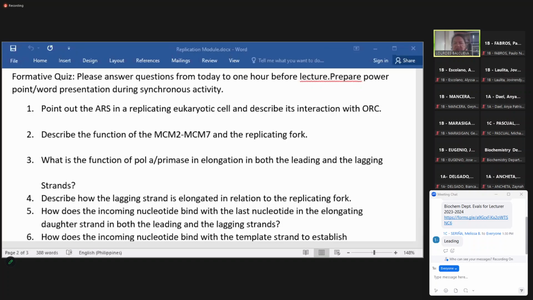So it has to be bound to CDC6 and CDT1. These two are called the pre-initiation complex. Once your MCM is bound to these two, it will start to unwind the DNA molecule, and each MCM complex goes into different directions. Okay?